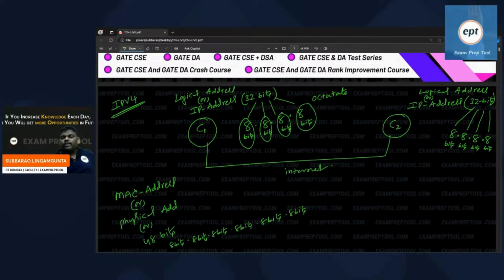Suppose you don't like Airtel, you can go for Jio by changing the IP address, which means a logical address. You can go from one network to another network. If it is a physical address, I think the mobile itself you have to change. If you do communication by the MAC address, the mobile itself you have to change, means hardware components you have to change.